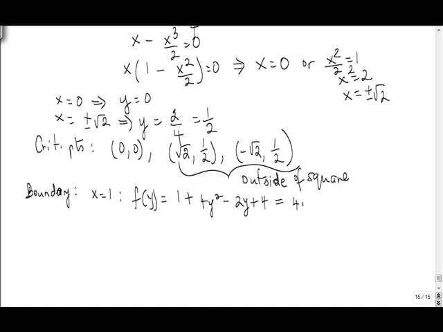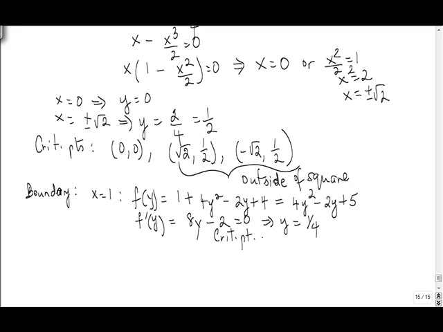So that is 4y squared minus 2y plus 5. Next step. Find the derivative. 8y minus 2 is 0. So y is 1/4. So the critical point here is 1/4.